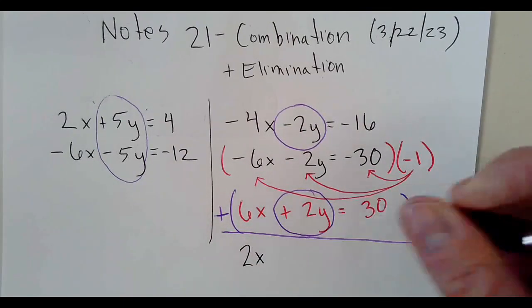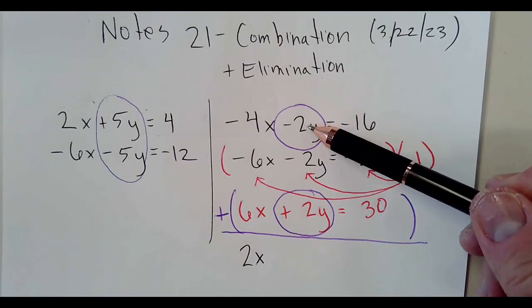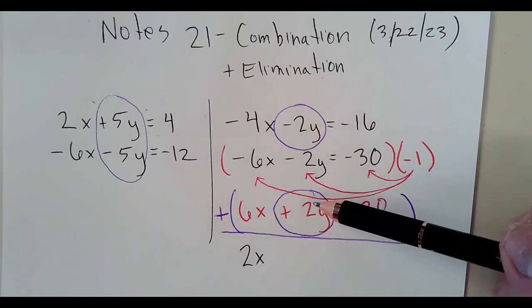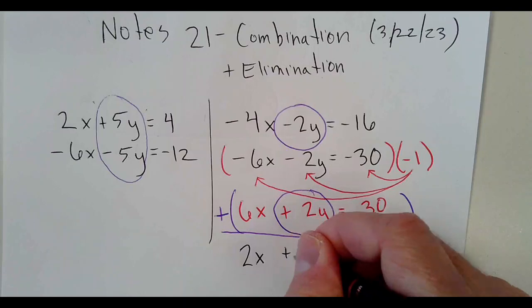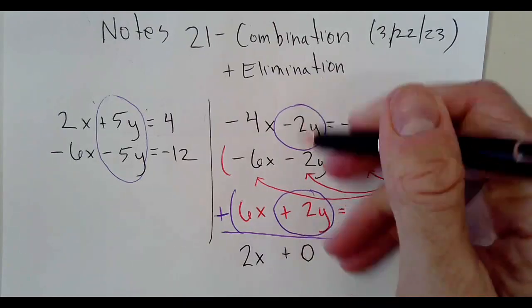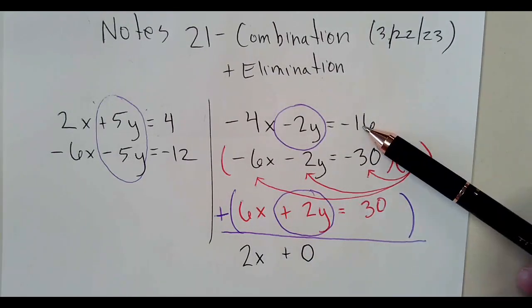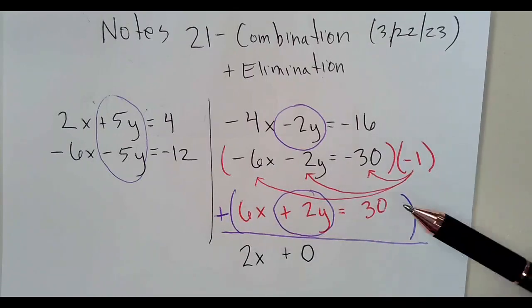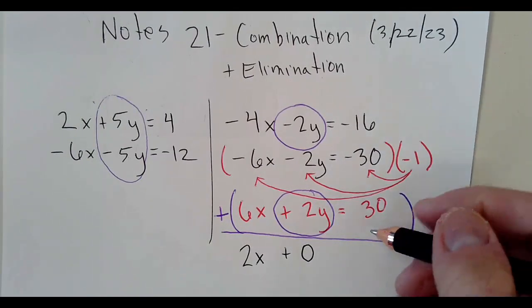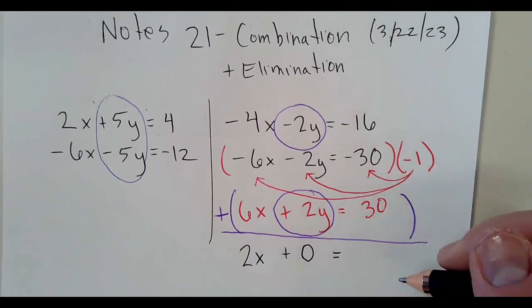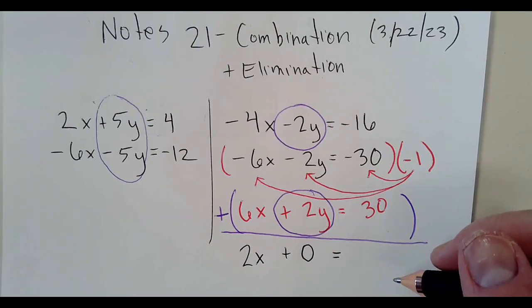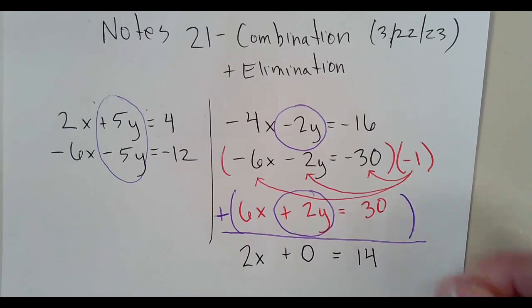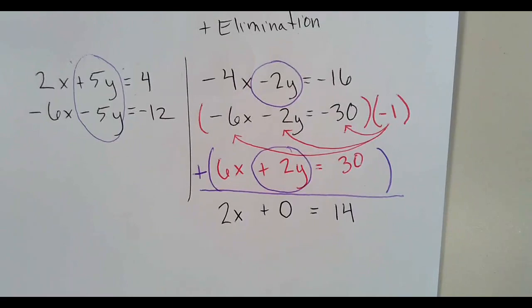That's 2x. -2y plus 2y. That's going to be 0, and that's what we wanted. We wanted y to go away. Negative 16 plus 30? 14.